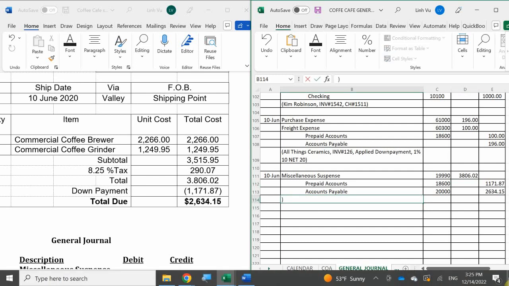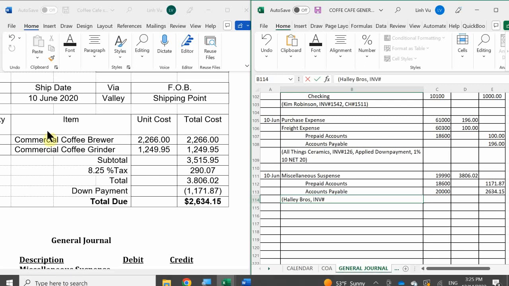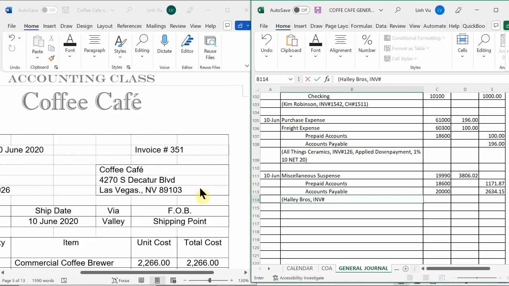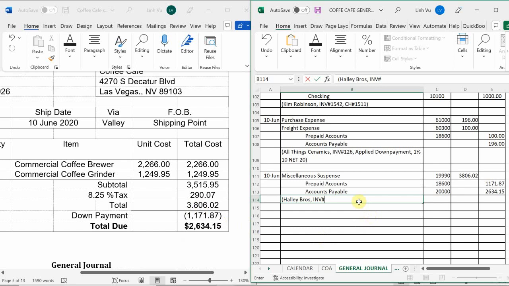I received a bill from Haley Rose with an invoice number, invoice number 351. I applied my down payment. And I have a 1% opportunity if I pay within 15 days. If not, my bill is due in 30.